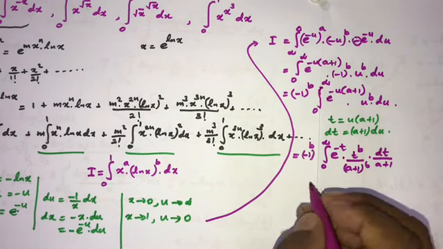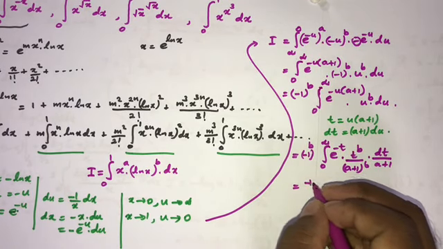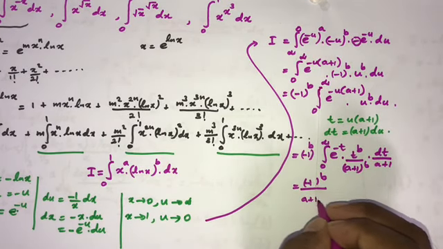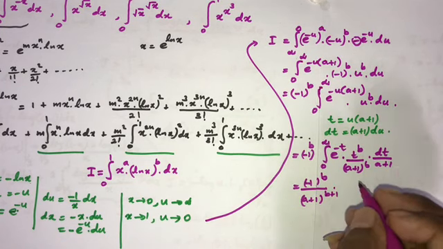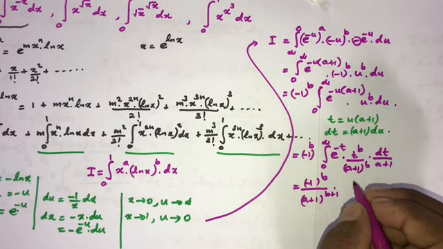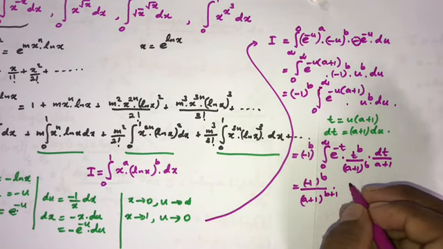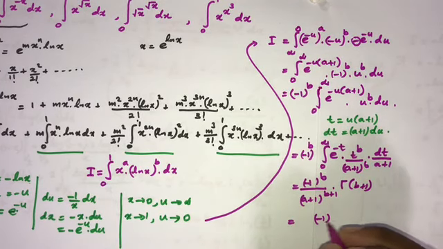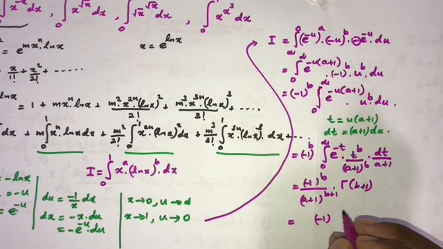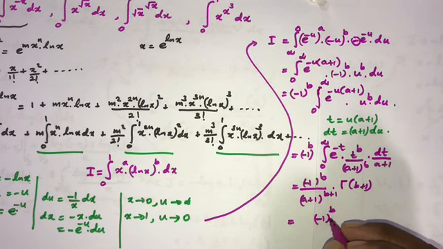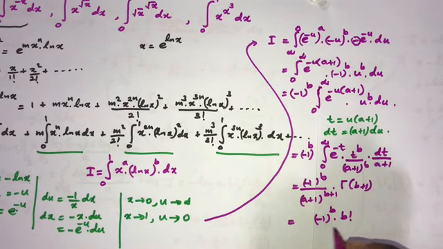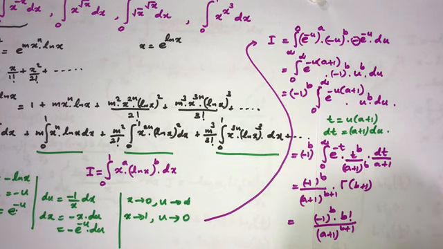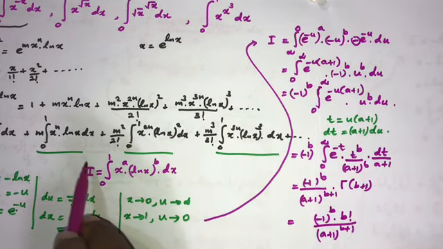Okay, now we can write minus 1 to the b over a plus 1 to the b plus 1 power times gamma of b plus 1, and we know gamma of b plus 1 is equal to b factorial. So we have minus 1 to the b power times b factorial over a plus 1 raised to the b plus 1. Okay, this is the answer for this general integral.